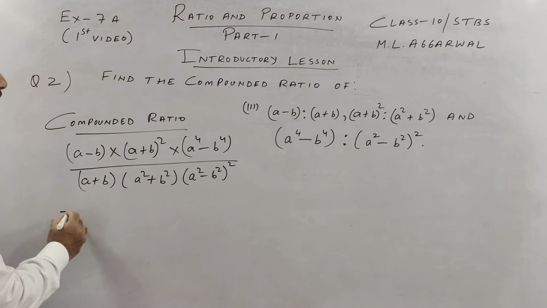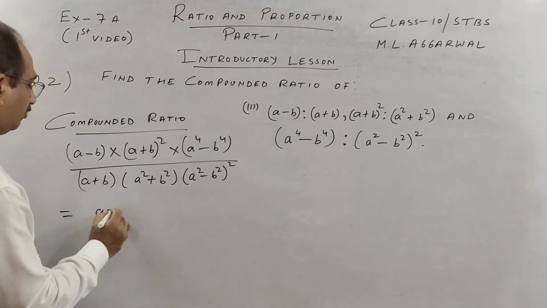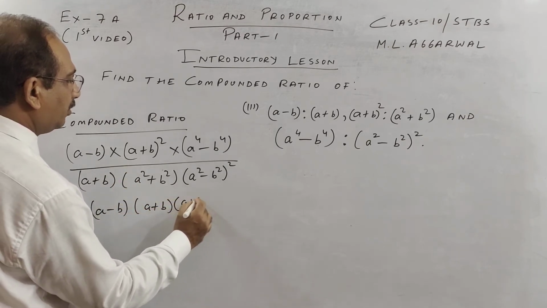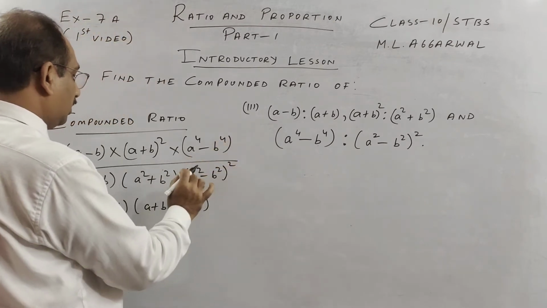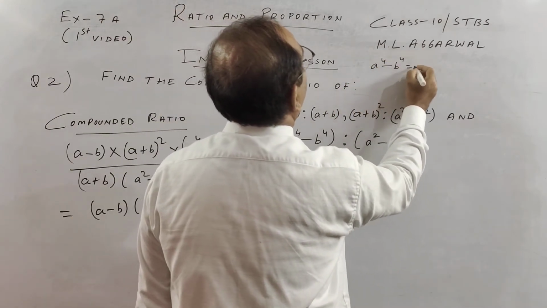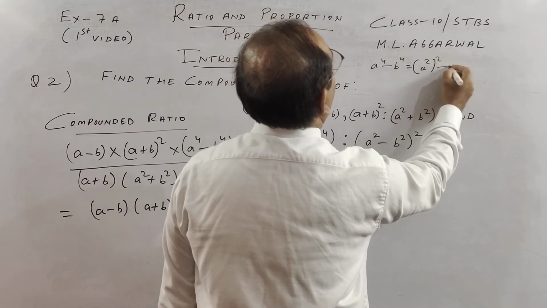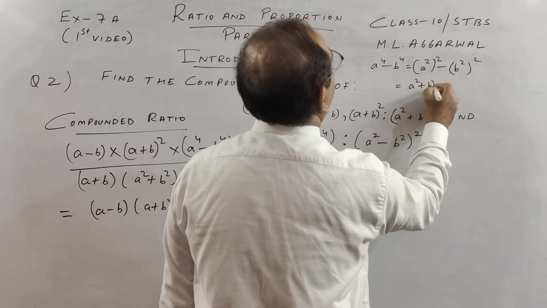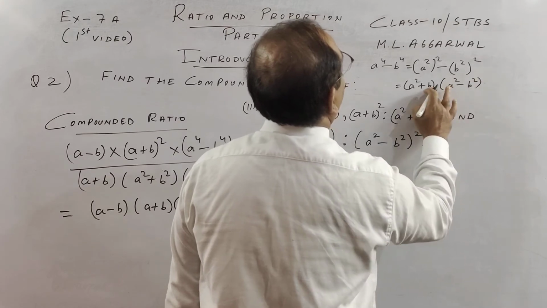Now let us see what we have here. A minus B, this I can write as A plus B and A plus B. This, if you see, children, I'll show you a little separately, especially this A4 minus B4. If you know factorization, A square minus B square, so we get A square plus B square, and A square minus B square.